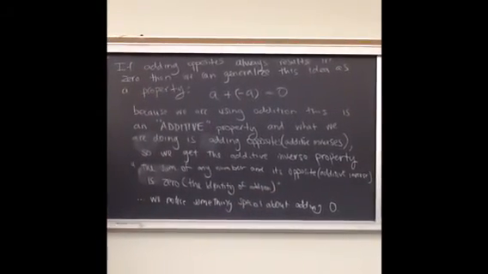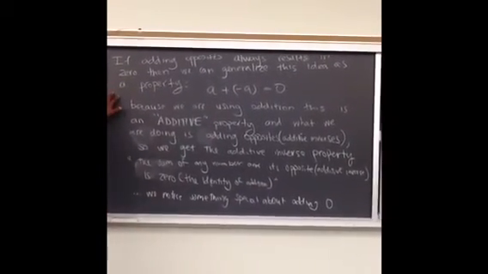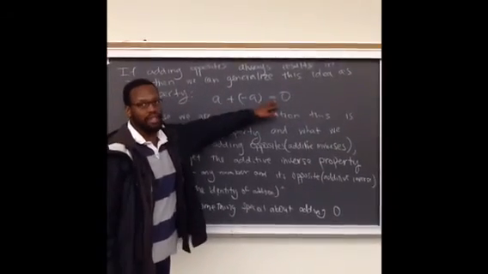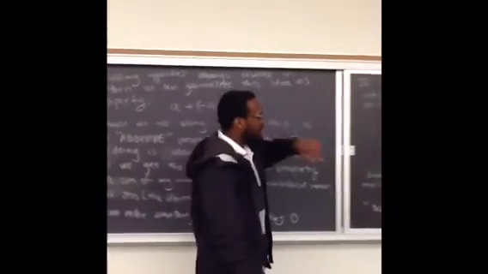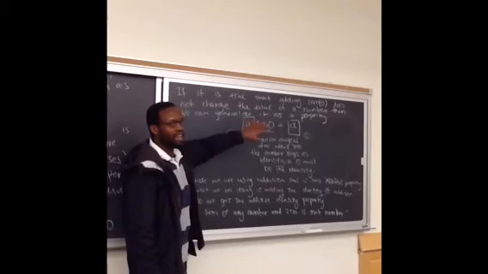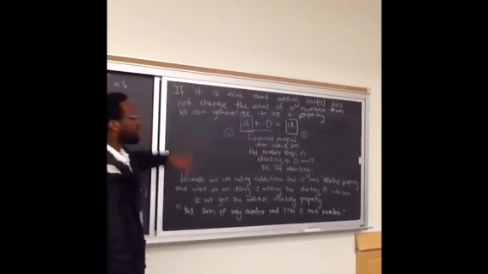And so we have our inverse property, which says when we add inverses, we get the identity. And we have our identity property, which says when we add the identity, the result does not change.